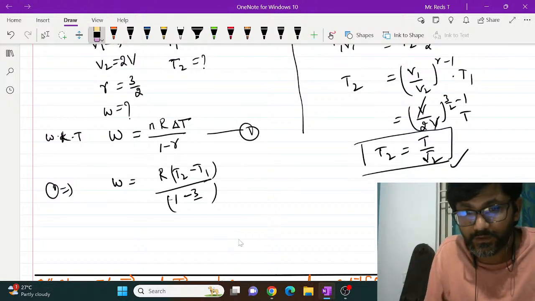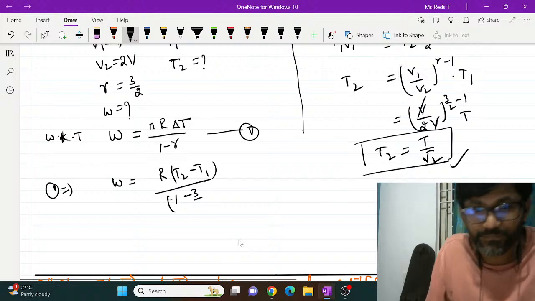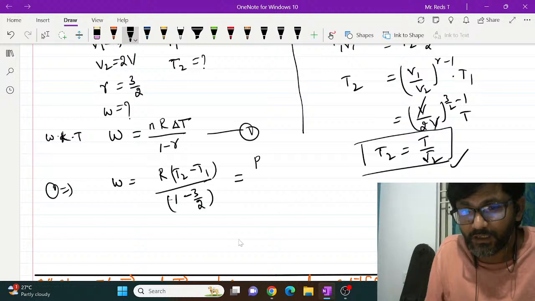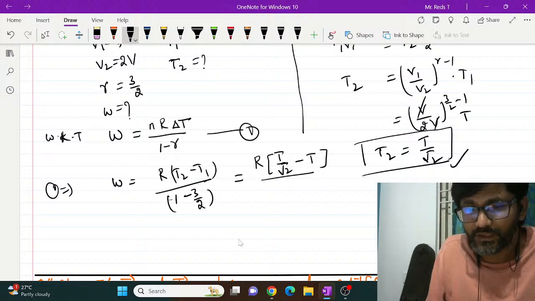So let's take it properly. This is equal to R into T2, which is T by root 2, minus T1 which is T, by, if you simplify this, 2 minus 3 is minus 1 by 2.